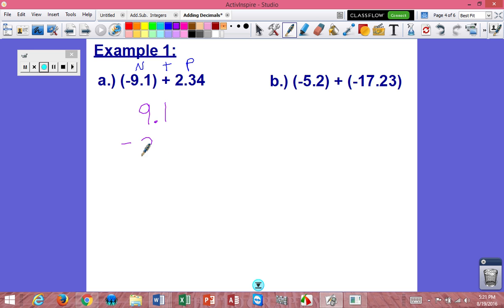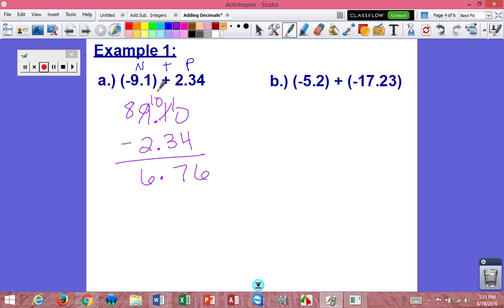And then we would subtract the 2.34. Notice how I lined up the decimals, and any empty space you can just put a 0. So I'm going to go ahead and bring down that decimal. 0 minus 4 we cannot do, so I'm going to borrow. 0 minus 3 we also cannot do, so I have to borrow again. And we get 6.76.